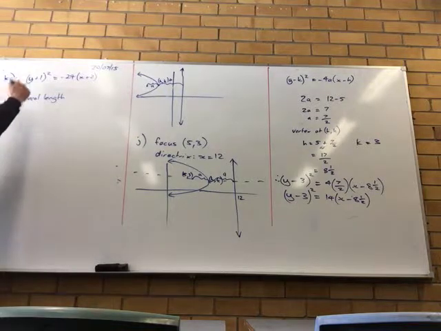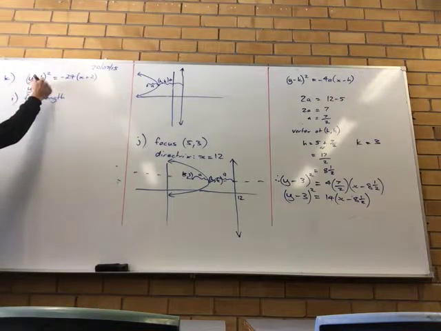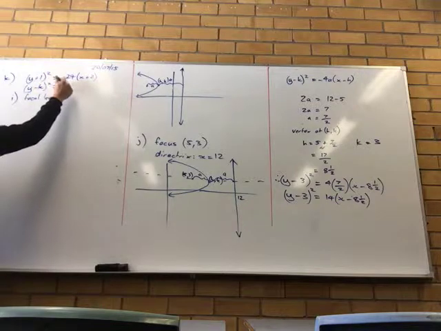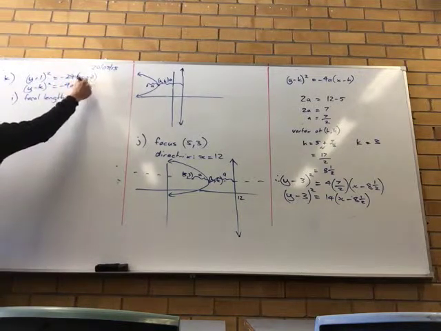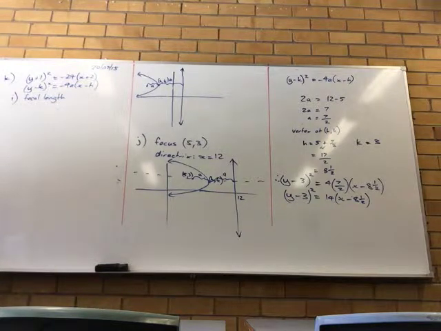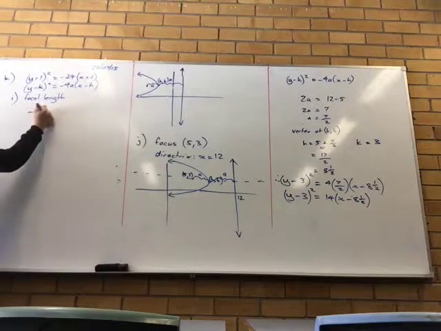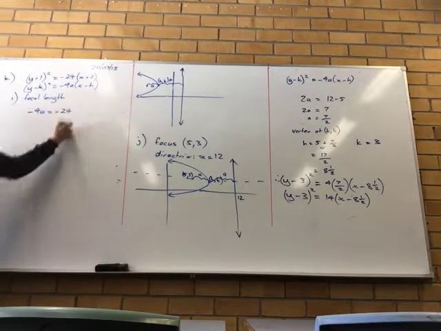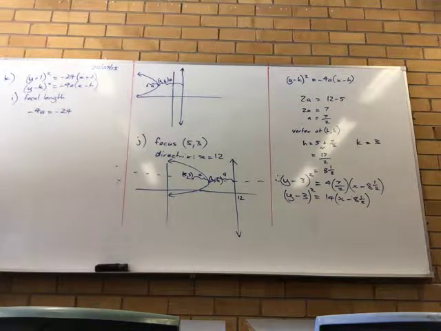Alright, so let's write the equation underneath. Yep. So that's the equation for a parabola of that orientation. Alright, so we need the focal length, so we need to match up negative 4a and negative 24. Solve for a.